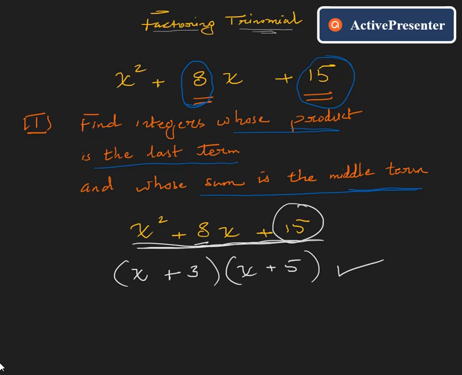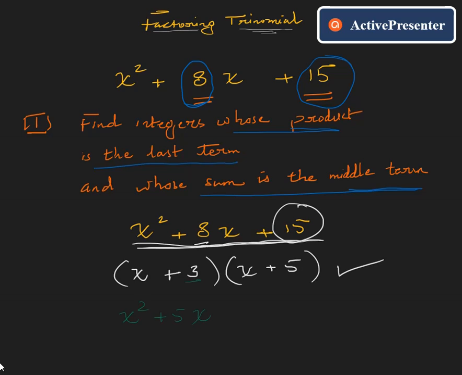If you would like to make sure that your answer is correct, multiply these binomials. x will be multiplied here and here, and 3 multiplied here and here. So x multiplied by x is x squared, and x multiplied by 5 is plus 5x.